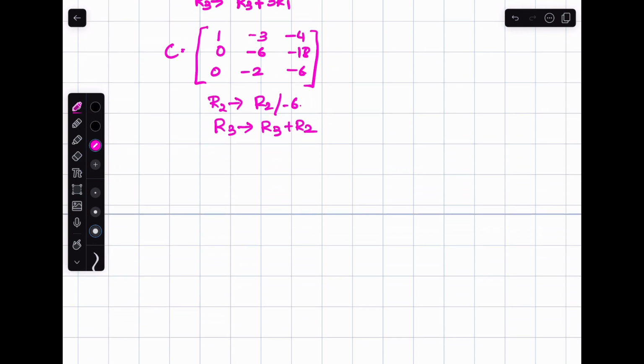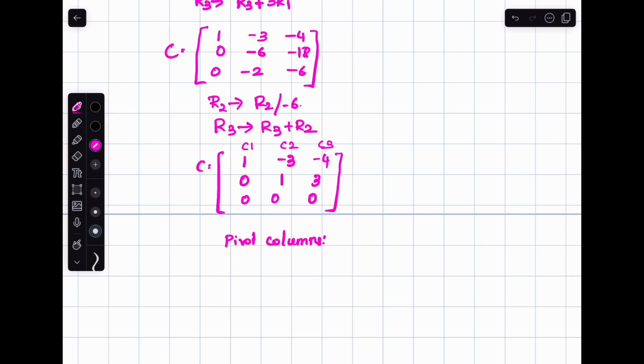So the matrix will be 1, -3, -4, then row 2 will change to 0, 1, 3, and 0, 0, 0. Now we can see it's already in the reduced form, so we can identify the pivot columns. If I take the columns as c1, c2, c3, then column 1 and column 2 are the pivot columns.